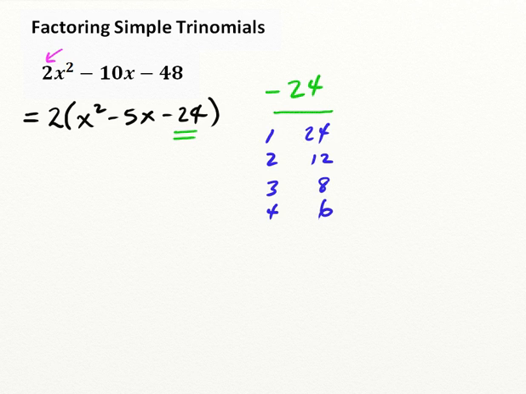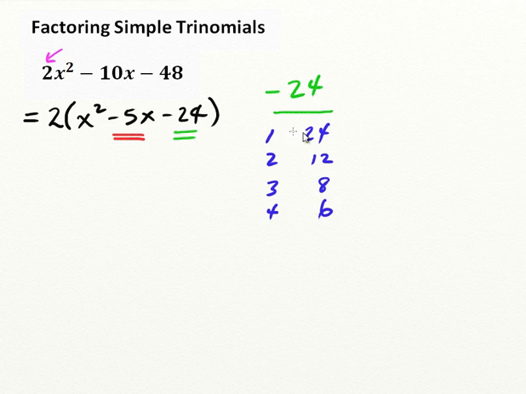Well, which one do we choose? Well, let's take a look at this value here, this negative 5. If I look at these factors here, when I add them together, I need to have a value of negative 5. And remember, one of these factors over on the right is going to be positive and one is going to be negative. So let's look at 1 and 24.